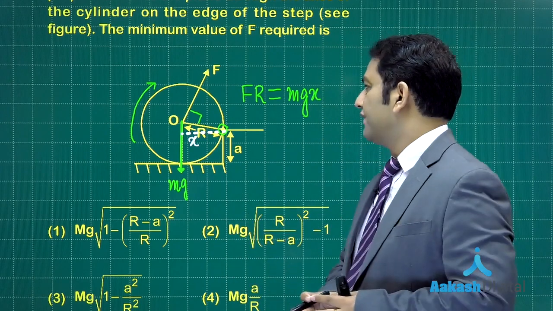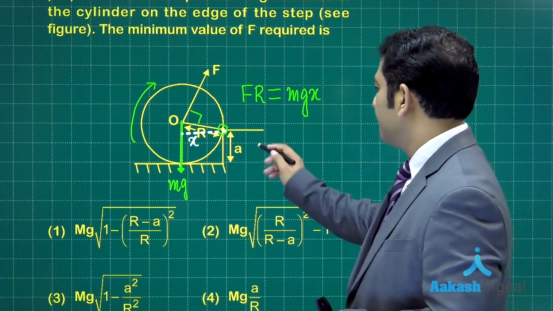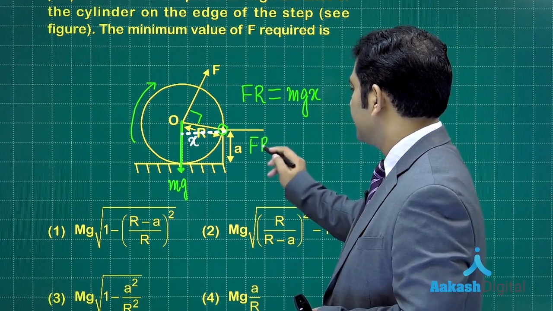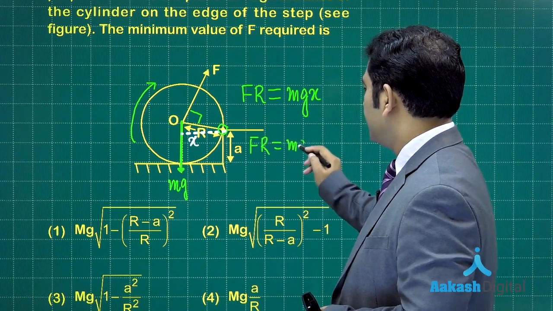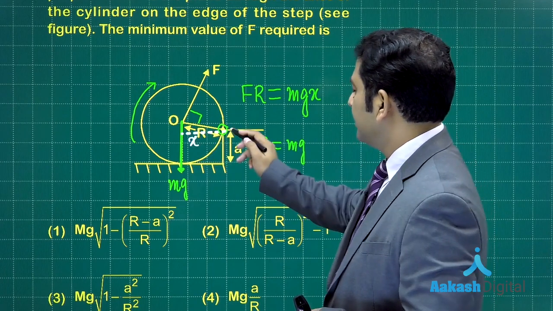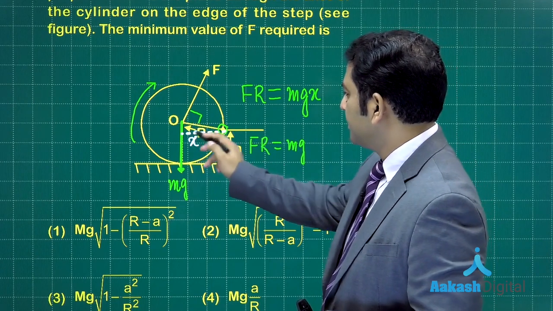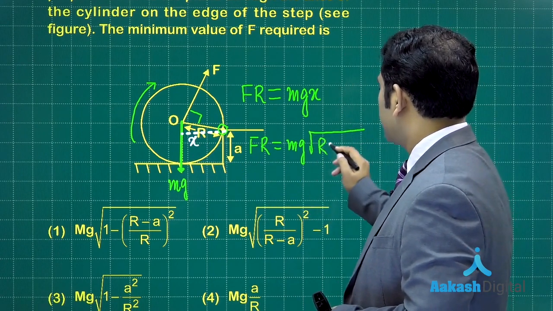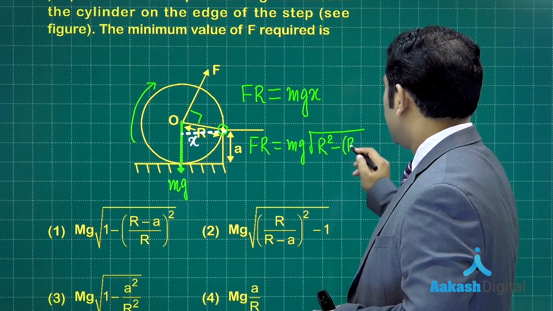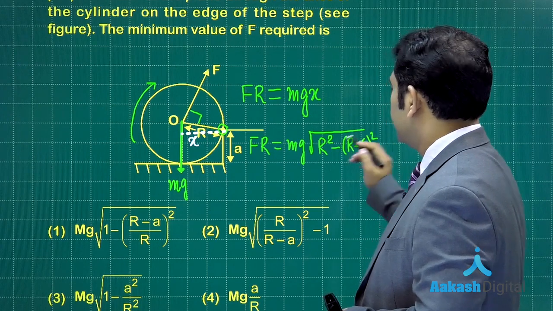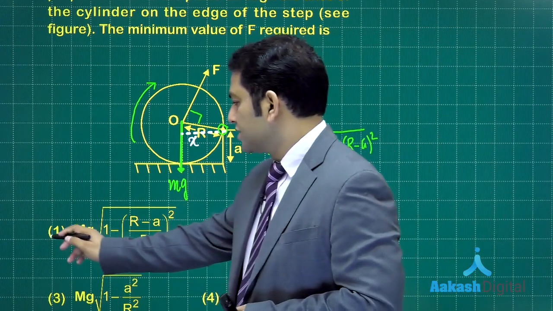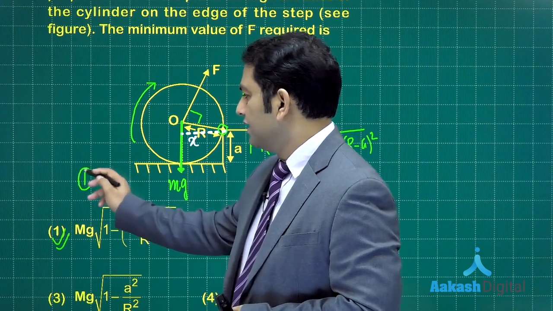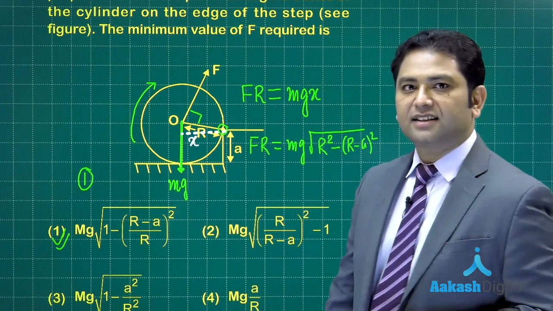To calculate the value of x, that's not a problem. You can straightaway see from the geometry, here x, in this particular triangle, is going to be under root of r square minus of r minus a whole square. So now option number 1 is going to be the correct answer.